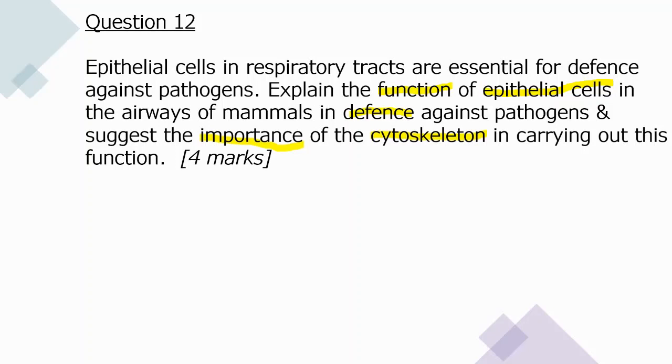And then we have cilia as well. So cilia are involved in wafting the mucus or beating it up out of the system to be coughed out or swallowed into the stomach to be destroyed. And the cytoskeleton's role is to move or to make up these cilia. And you can see our answer here.